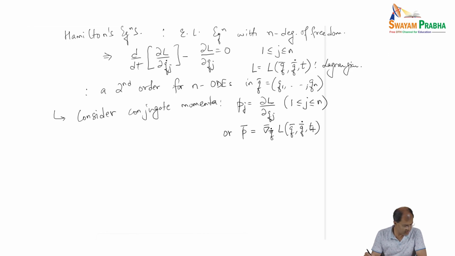So the original equation was pj equals ∂L/∂qj dot, and now we have written this in the vector notation.